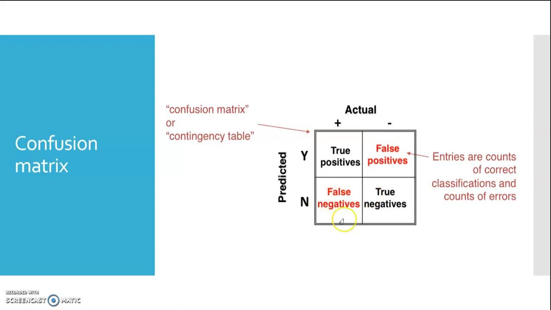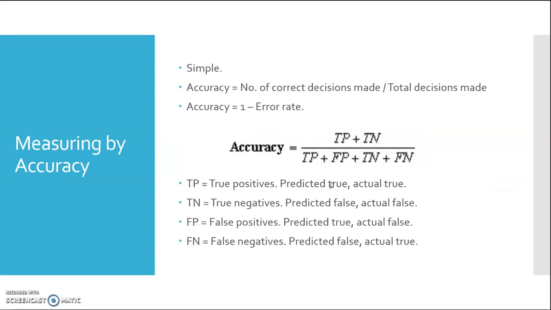And this one is falsely negative because actually it is positive, but you predict it to be negative. So entries are counts of correct classifications and counts of errors. Each one of these counts the number of predictions that are correct and incorrect.